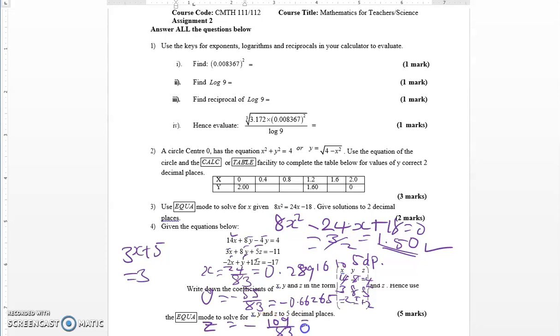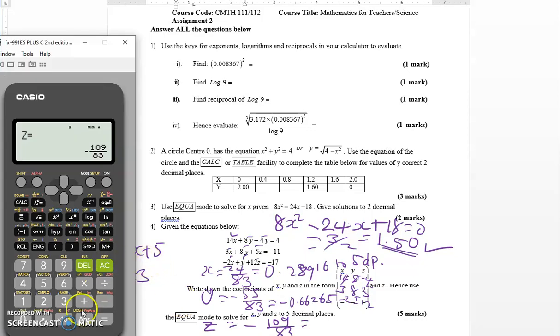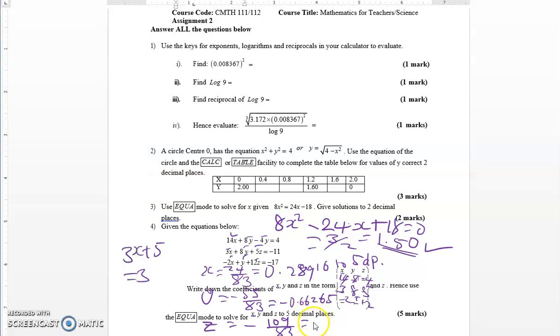To 5 decimal places, that would be negative 1.31325. And this is exactly how you solve these equations using the equation mode of your calculator.